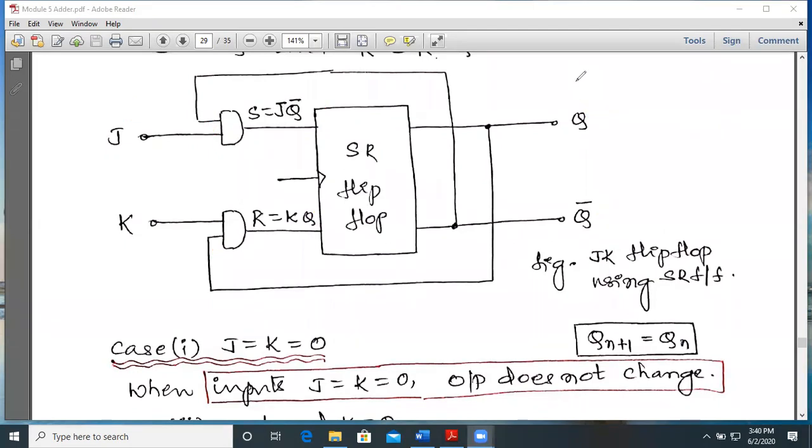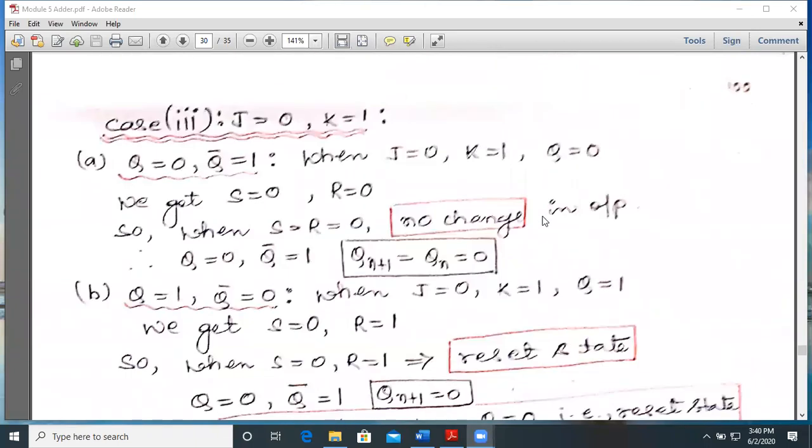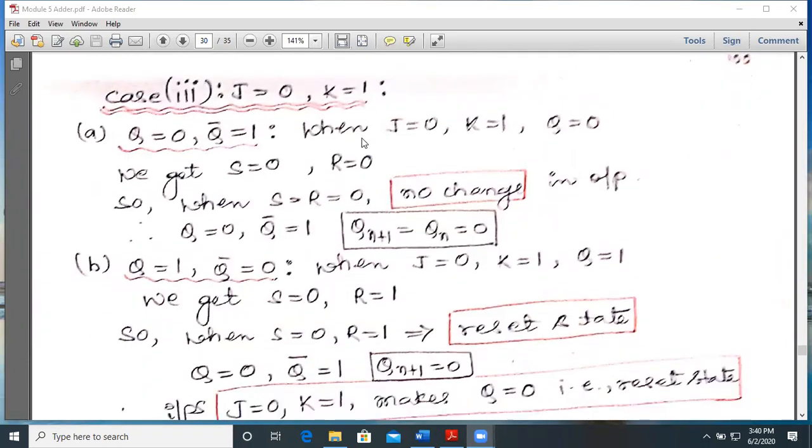For this, we must be very familiar with the SR flip-flop truth table. Now let us see how it is written over here. As I told, J is equal to 0, K is equal to 1. We have to see two cases. First, we saw Q is equal to 0, Q bar is equal to 1. We are going to get Q as 0, that is no change, because S and R both became 0, 0.